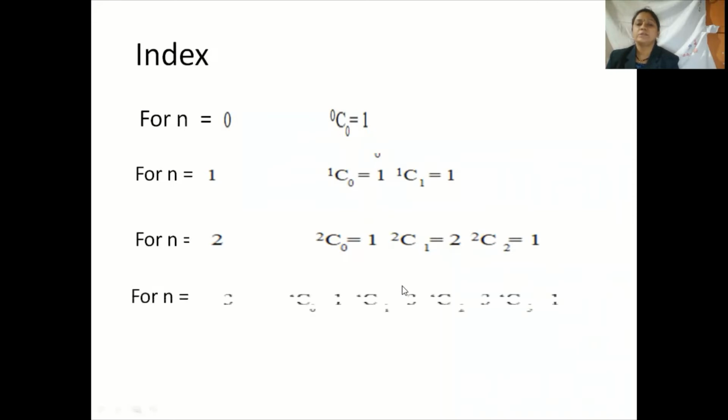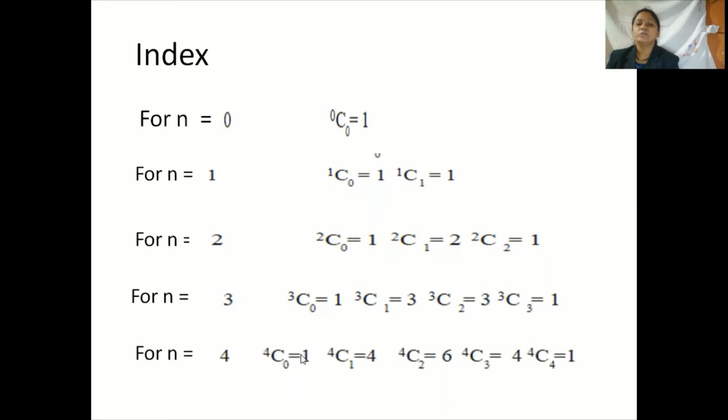For n is equal to 3, that means 3C0 ची व्हॅल्यू 1, 3C1 is equal to 3, 3C2 is equal to 3, 3C3 is equal to 1. For n is equal to 4, 4C0 is equal to 1, 4C1 is equal to 4, 4C2 is equal to 6, 4C3 is equal to 4, 4C4 is equal to 1.